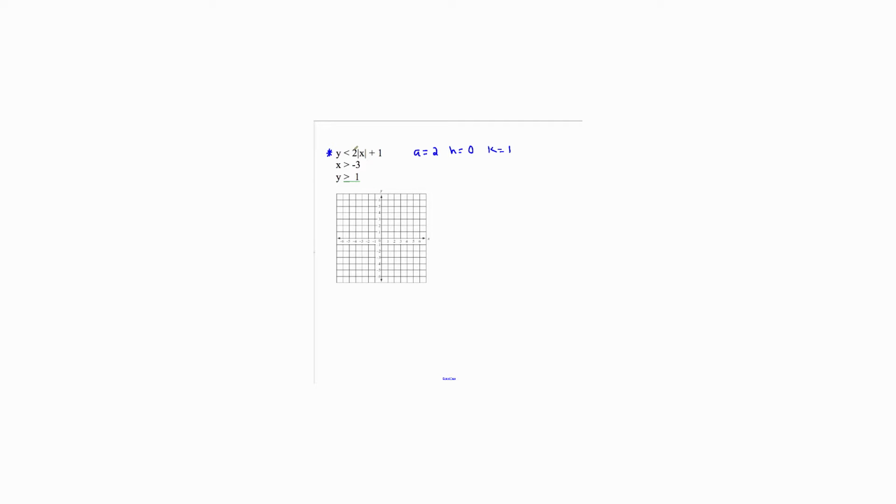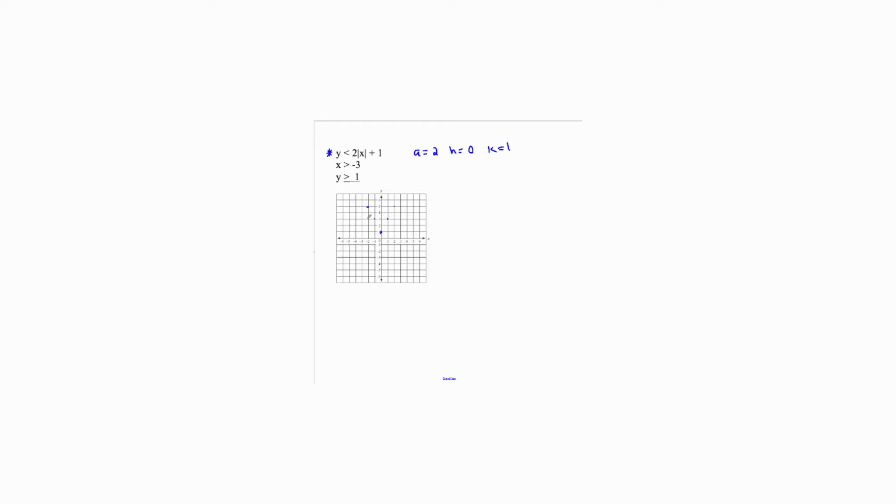So I'm going to start by graphing at h comma k, 0 comma 1. Then I'm going to use my slope, up 2 over 1, go back to my vertex, and then go in the opposite direction.